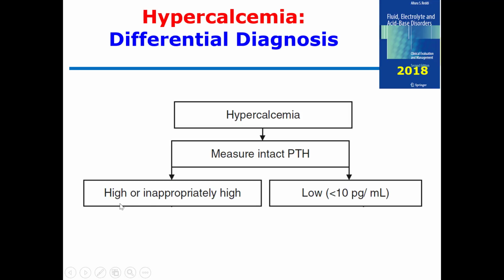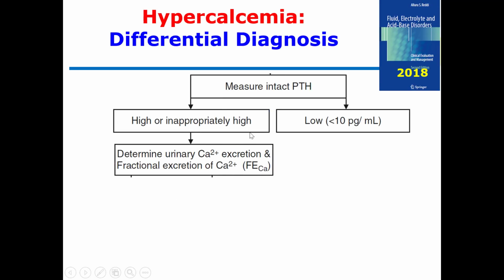We may find it high or inappropriately high, because we expect that hypercalcemia, through a feedback mechanism, inhibits parathormone. In this scenario, we should measure urinary calcium excretion and fractional excretion of calcium.